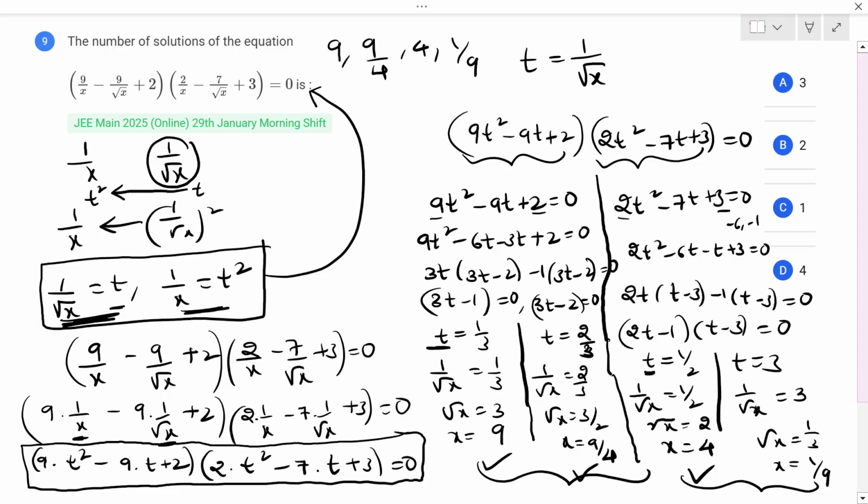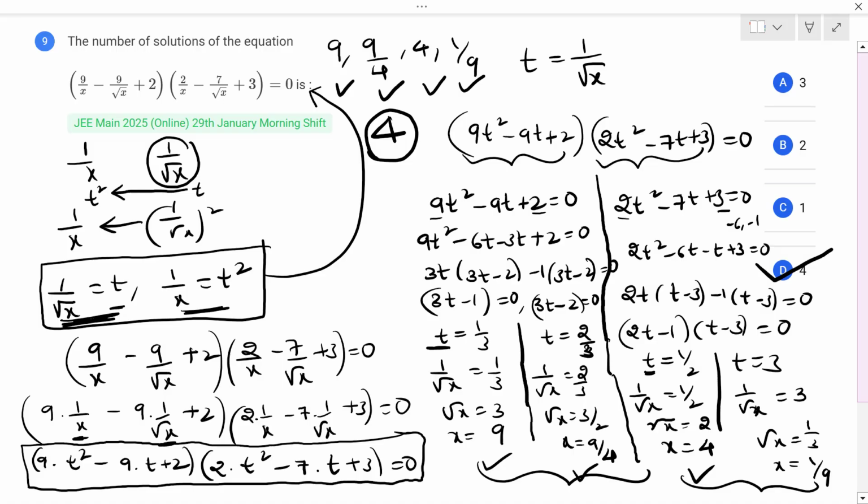So if you get a repeated solution, don't count it separately. Let us check whether all 4 are different. 9, 9 by 4, 4, 1 by 9, all are different. So how many solutions are there? A total of 4 different solutions. So what is the answer? The answer is option D, 4 different solutions.